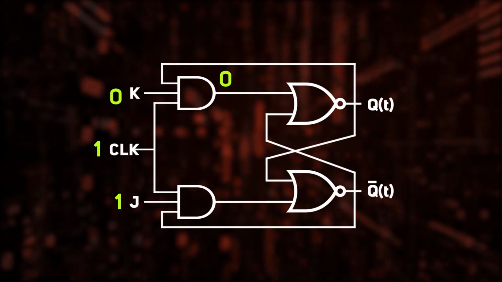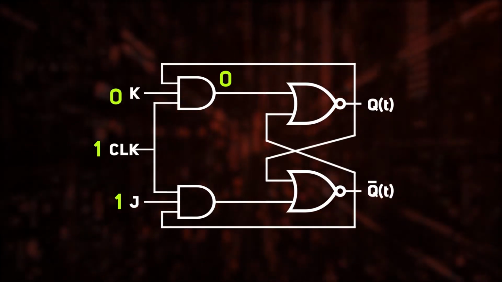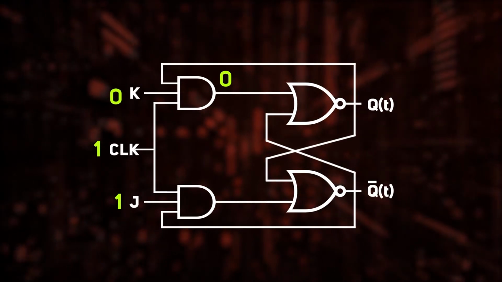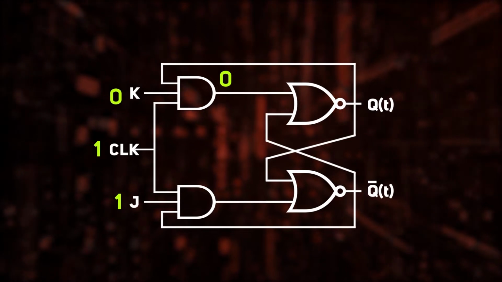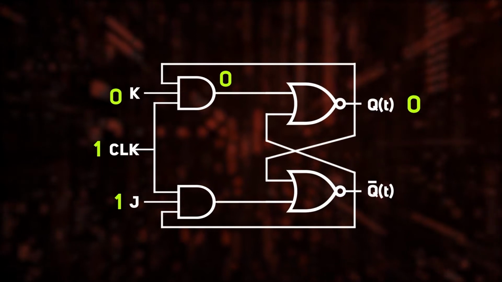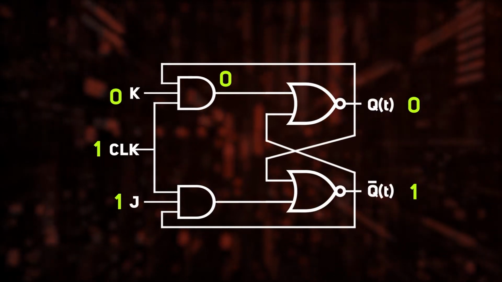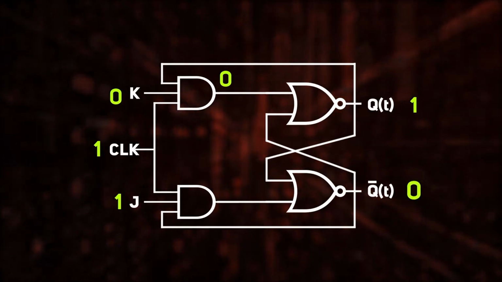What happens to J? It has two inputs that are 1. So, to know its output, it has to depend on the previous state value Q complement. Now, there are two scenarios. The previous state values could be Q equal to 0 and Q complement equal to 1, or it could be Q equal to 1 and Q complement equal to 0.